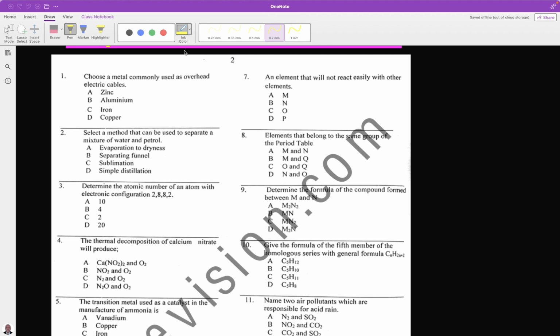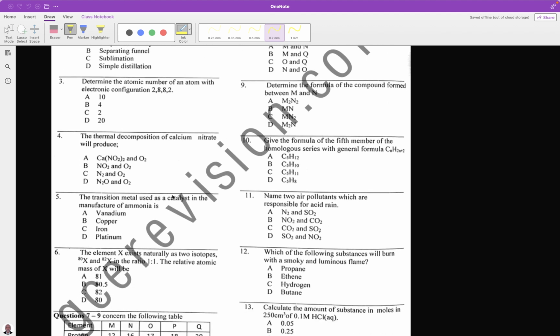The atomic number is the sum of all these. We have 2 plus 8 is 10, plus 8 is 18, plus 2 is 20. So the answer is D, which is 20. Question number 3 is D.